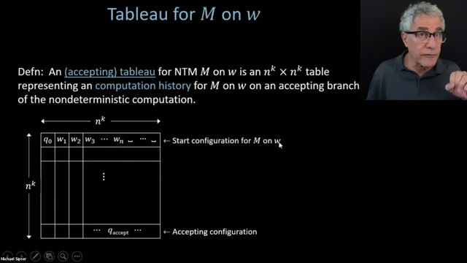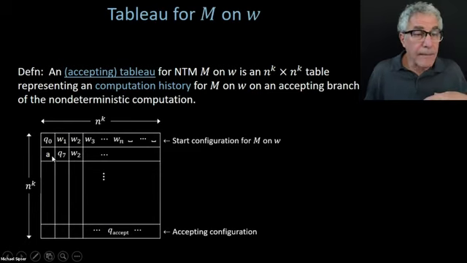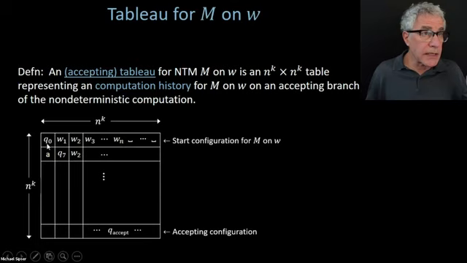Okay, so just a few more elements here. This is going to be the start configuration for M on W. This would be an accepting configuration here down at the very last row. And I've filled out some hypothetical first step of the machine after the start. Remember how we encoded our configurations. The machine is in state Q0, looking at W1, the first symbol of the input.